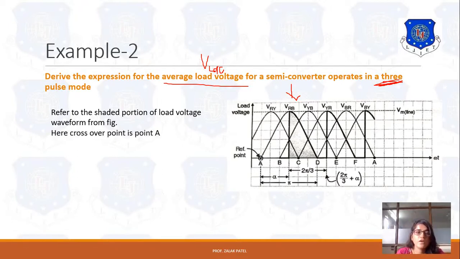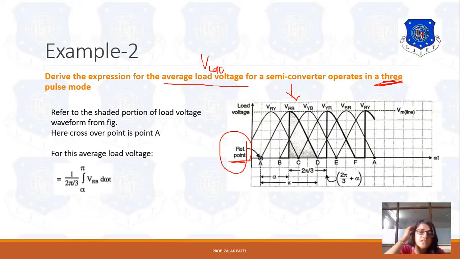Refer to the shaded portion of the load voltage, means this portion. For this portion, the crossover point is point A, because this is taken as the reference point, that's why we take all the readings with respect to that particular A. Now the average load voltage can be written like 1 upon 2 pi by 3, because this shaded portion has the phase difference of 2 pi by 3.